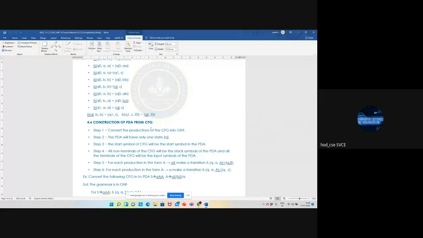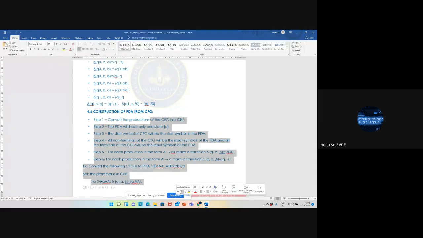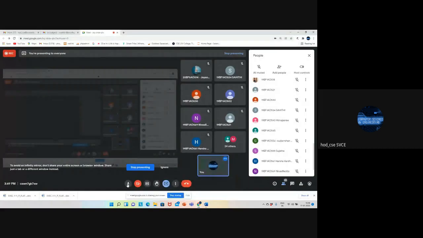For each production in the form of A tends to a terminal followed by non-terminals, we have to make a transition of delta of q comma a comma A equal to q comma X. Whereas if the production is in the form of A tends to a, then we have to make a transition of delta of q comma a comma capital A equal to q comma epsilon.